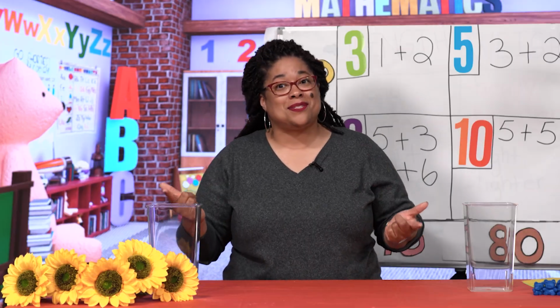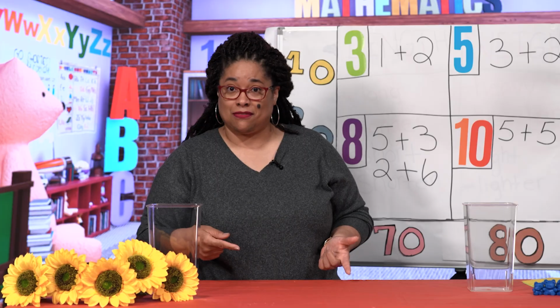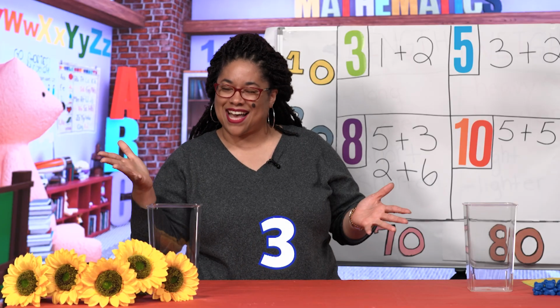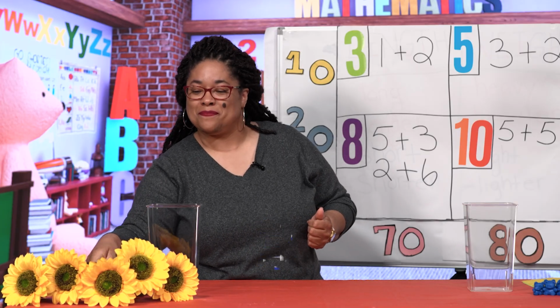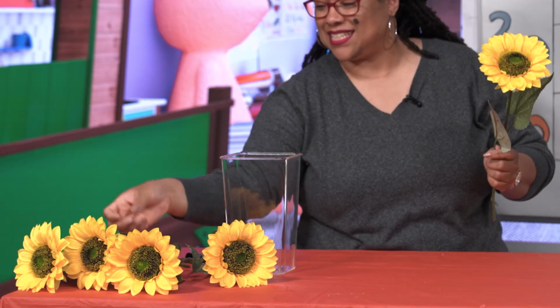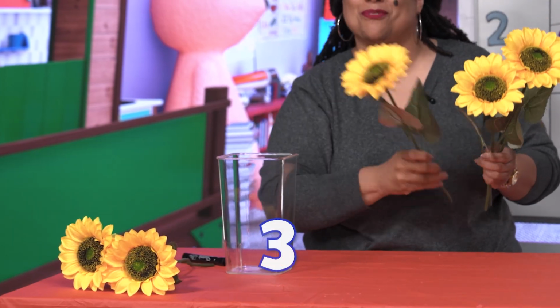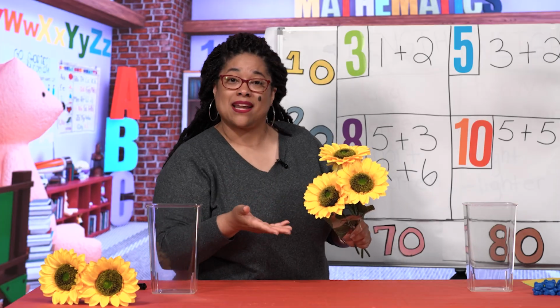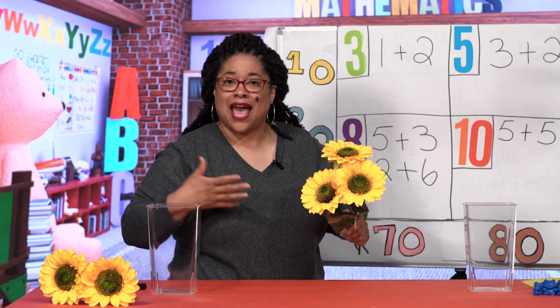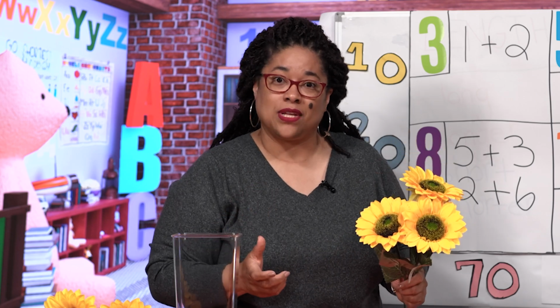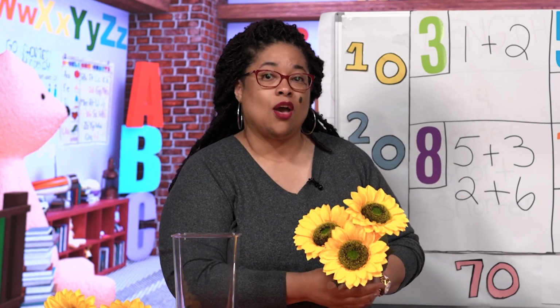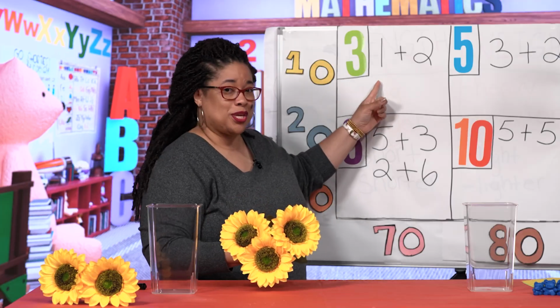Now, because we are starting with the number 3, we need how many flowers? 3, that's right. Help me count them. 1, 2, and 3. Very good. Now that we know what our big number is, we have to ask ourselves, how do we break it down into smaller parts? Well, I've done one for you.